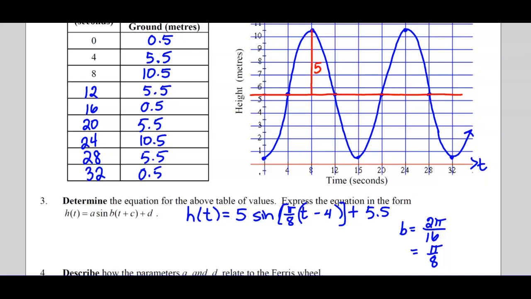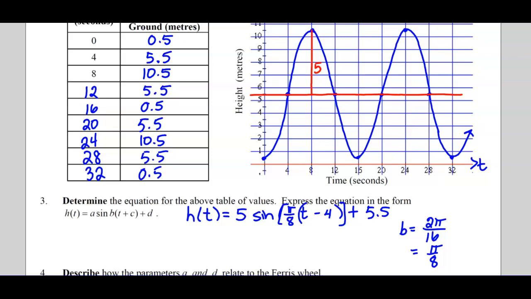So what is 4? If you get on the Ferris wheel at the bottom, then this translation is always going to be the amount of time it takes to do a quarter of a rotation to get on at the bottom. So you're getting on here. You want to go to the midline, which is where you're parallel to the center of the circle, across from it.